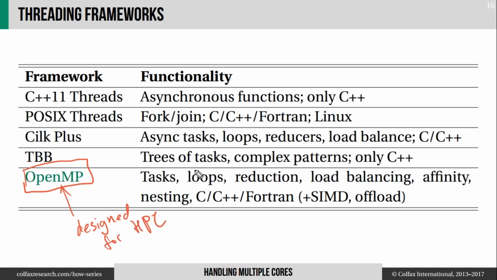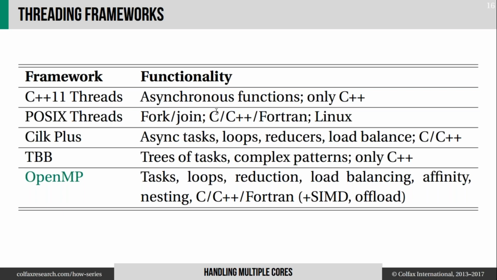So it has built-in support for things like work sharing in loops, parallel reduction, load balancing, and hardware-specific features such as affinity and nested parallelism. As an added benefit, recent versions of OpenMP now support vectorization and offload for working with heterogeneous systems.